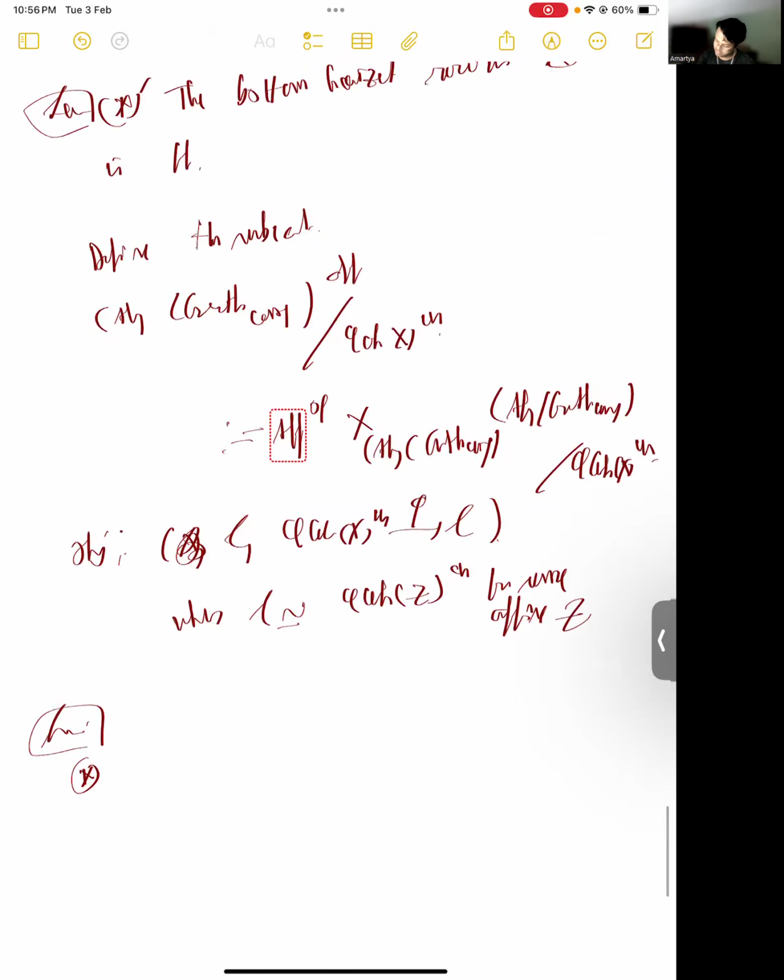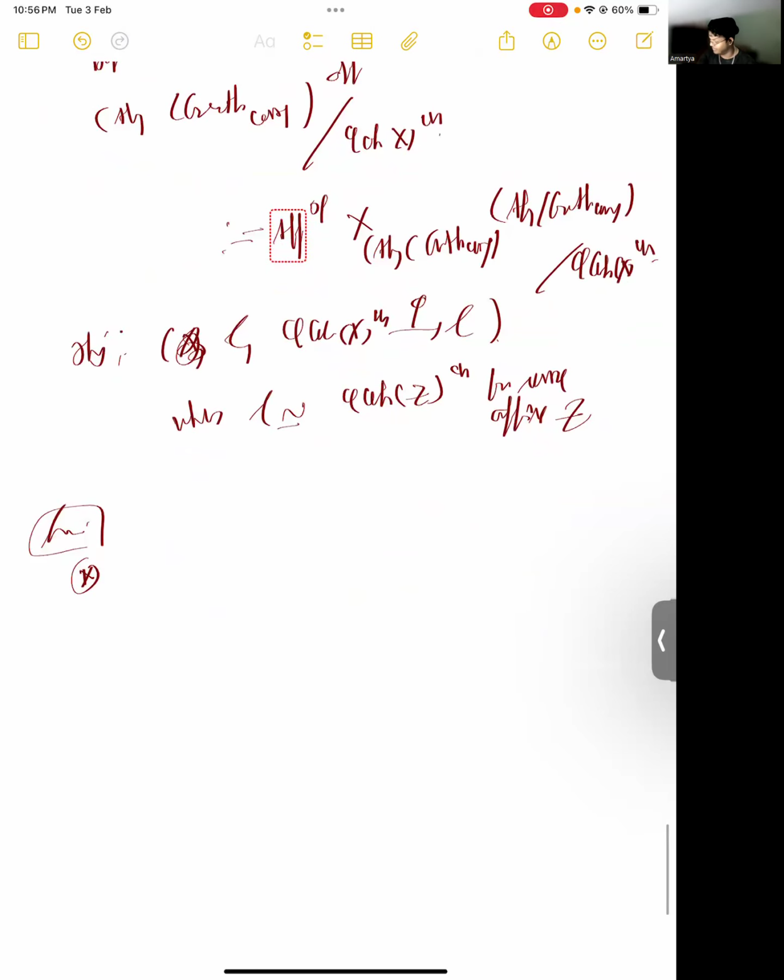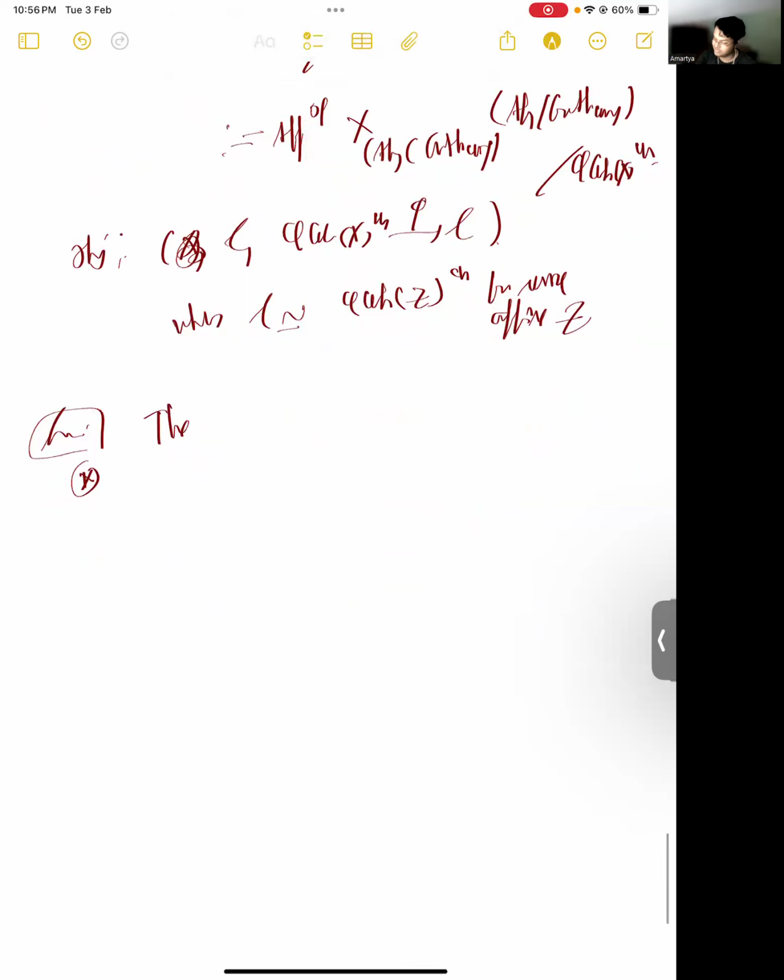Okay, so the star that I had used was for the corollary. Let's use a star for this lemma now. Sorry about the notation.